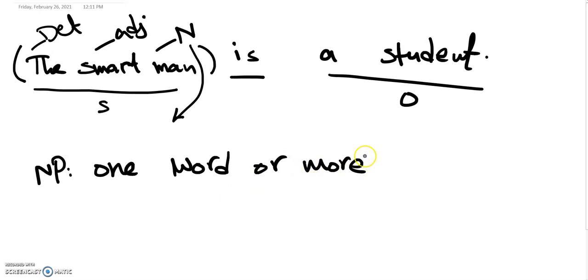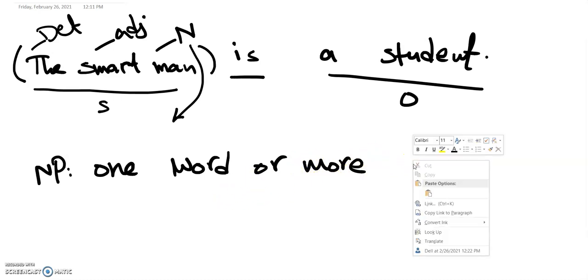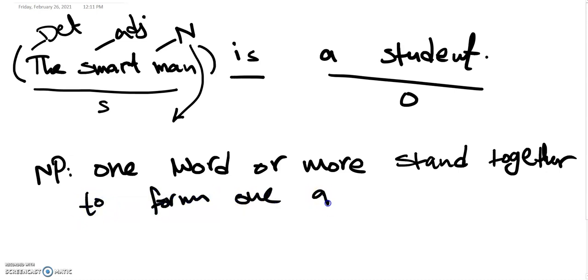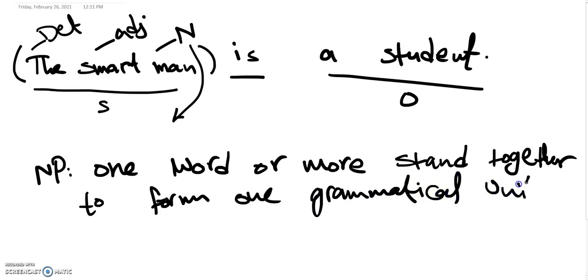Okay, so one word or more stand together, they are put with each other to form the subject in the examples that we've mentioned. Okay, so one word or more stand together to form one grammatical unit.